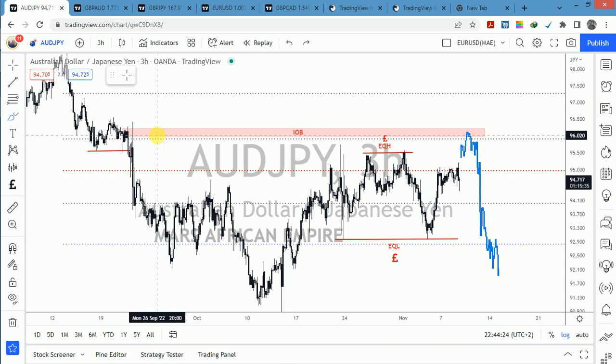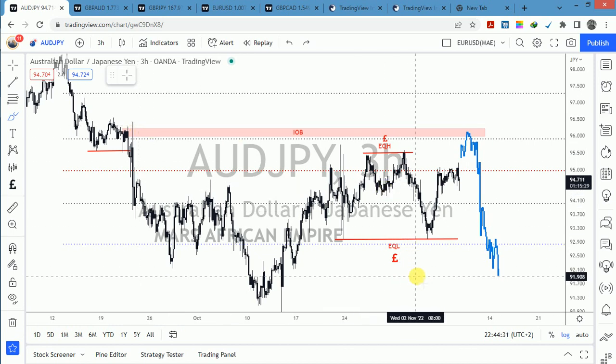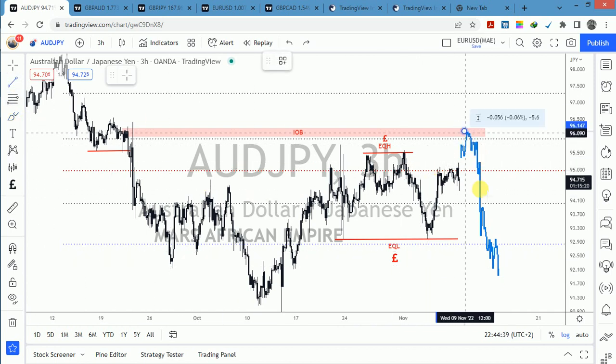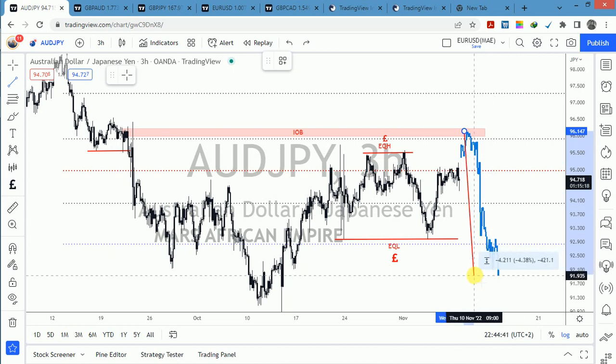Our stop loss will just be above 96.3, that will be 30 pips. And then our take profit, we can take profit at 92.2, that is around 400 pips.